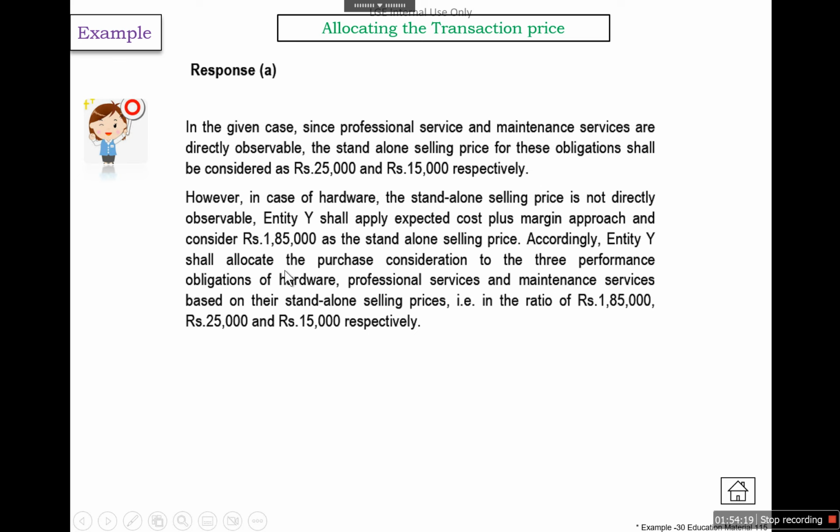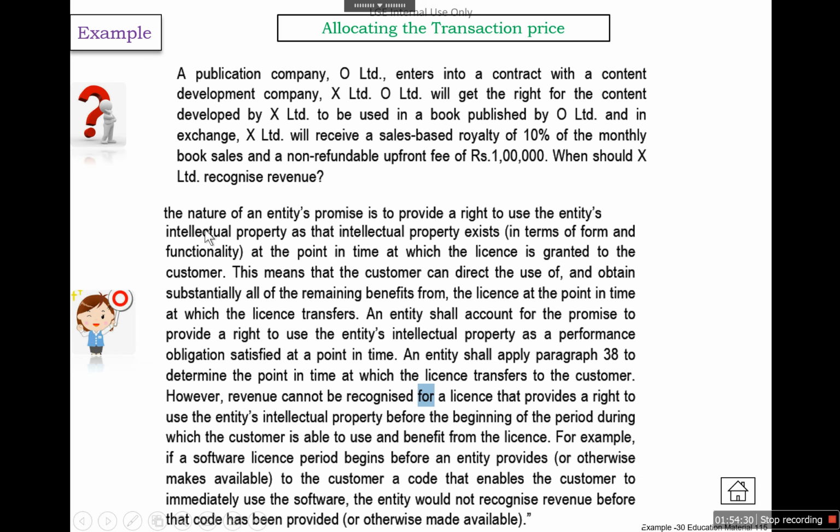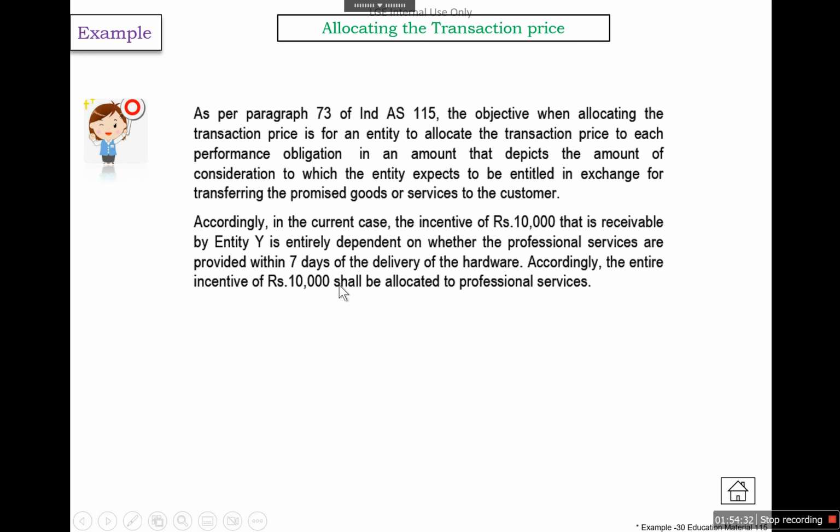Accordingly, it will be allocated in the ratio of 1 lakh 85,000, 25,000, and 15,000. The 10,000 incentive is earmarked for the professional services only, so it will be allocated to the professional services.